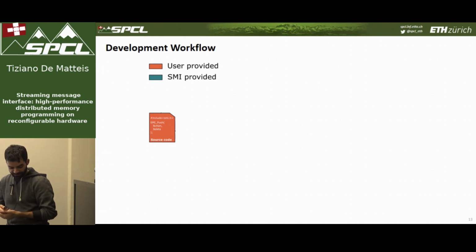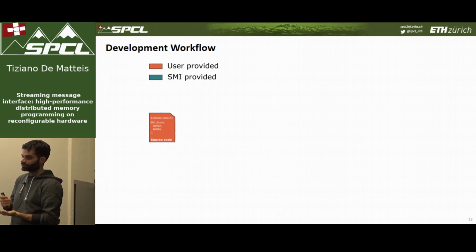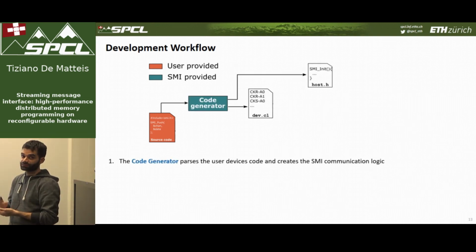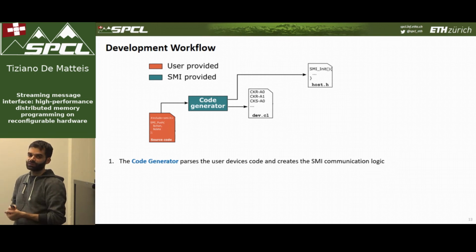In this reference implementation that we open sourced, we also define a development workflow. We start from the source code that is provided by the user, which essentially implements the business logic. The user in this case can just use the SMI primitives, so open channels, push, pop, collectives, and so on. From this source code, we have a code generator that extracts all the information that is needed to build the SMI infrastructure.